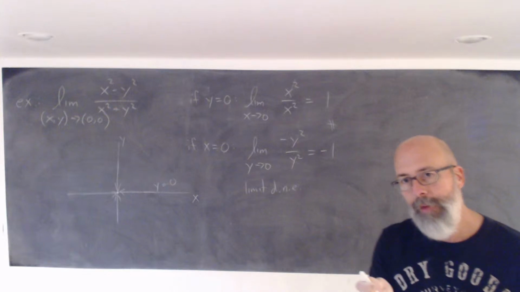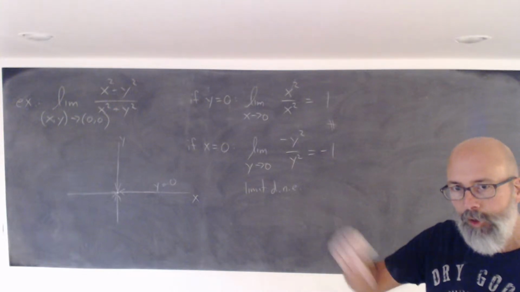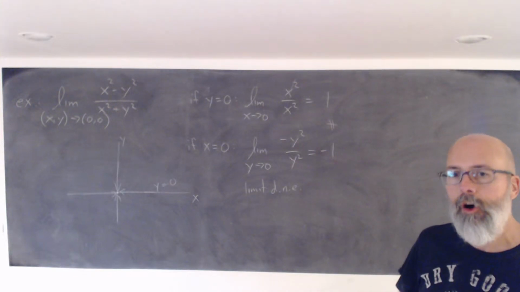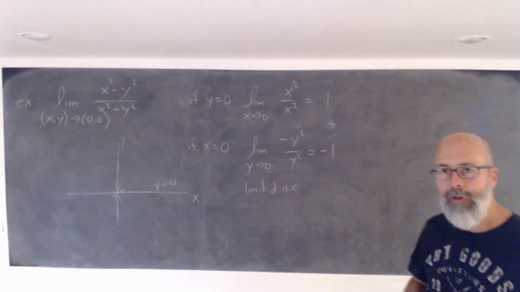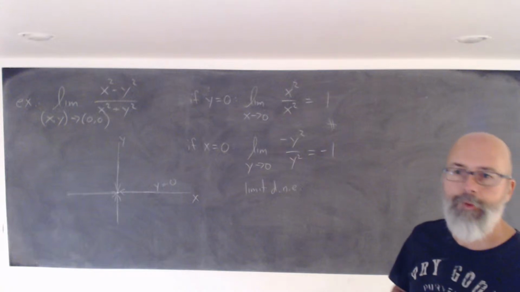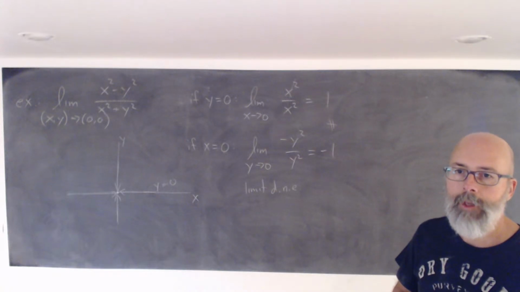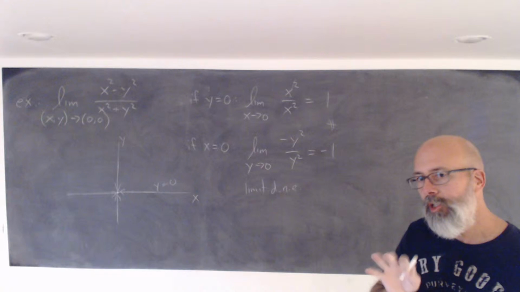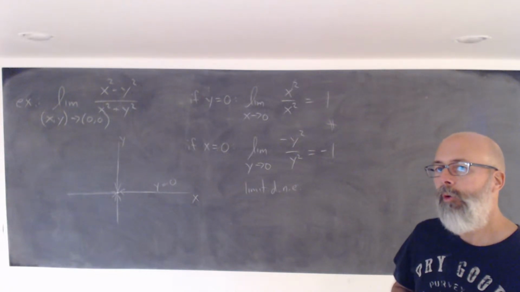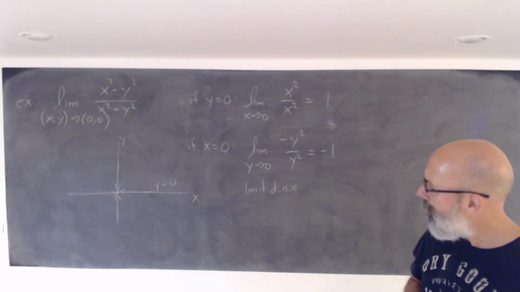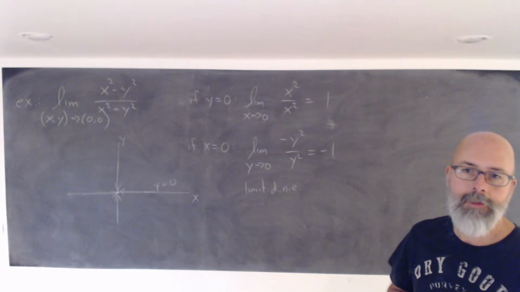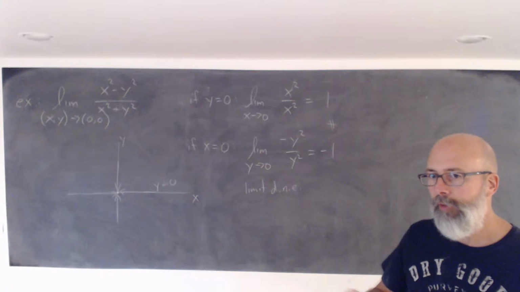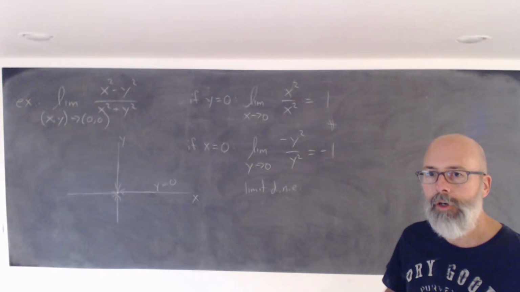Remember, the limit exists if and only if it's the same from all paths. Here we've displayed two paths where the limit is different. That's it. So showing a limit doesn't exist is usually relatively easy. All you need to do is find two different paths going to the same point, which give you different answers.